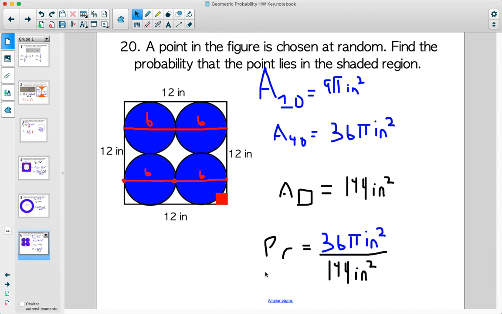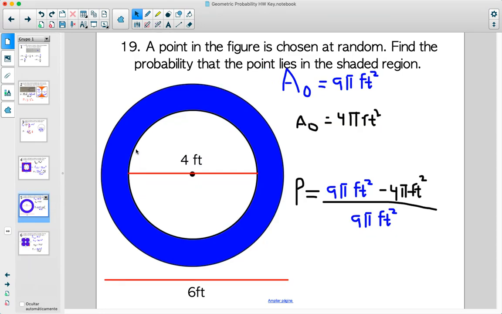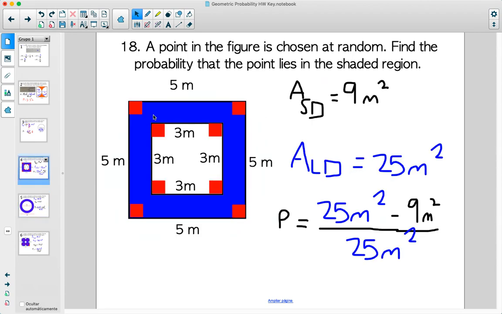Okay, so notice here how the shaded region are these circles. Notice here how the shaded region is just the ring. Just the ring. Same thing here. Notice how the shaded region is just this outer perimeter or ring, I should say.